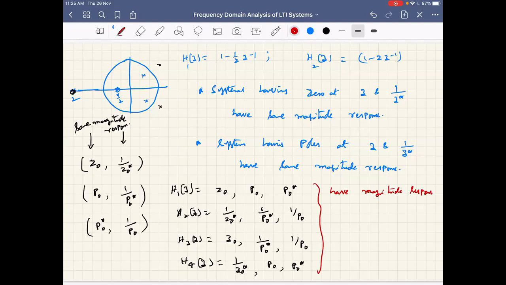Which system do we prefer for practical applications? The one which is causal and stable is preferred, as we know, but also the one which has a causal and stable inverse. The system that is causal and stable, with an inverse that is also causal and stable, is preferred among all these possibilities.